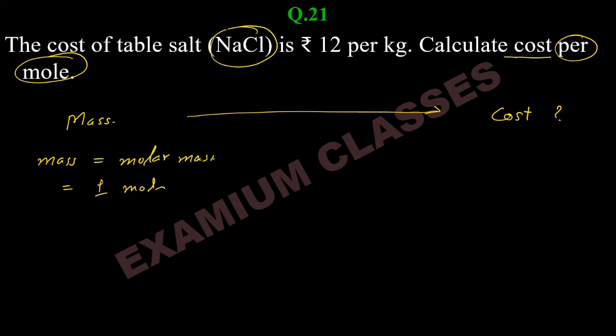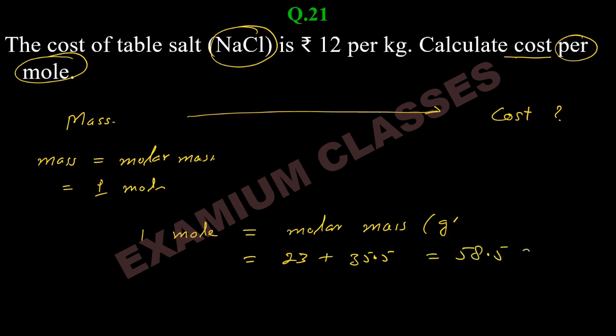If it is asked per mole, it means we are talking about molar mass in grams, because 1 mole, as we have talked about quite a few times, is equal to molar mass in grams. Molar mass of NaCl will be 23, atomic mass of sodium, plus 35.5, atomic mass of chlorine, that is 58.5 grams.